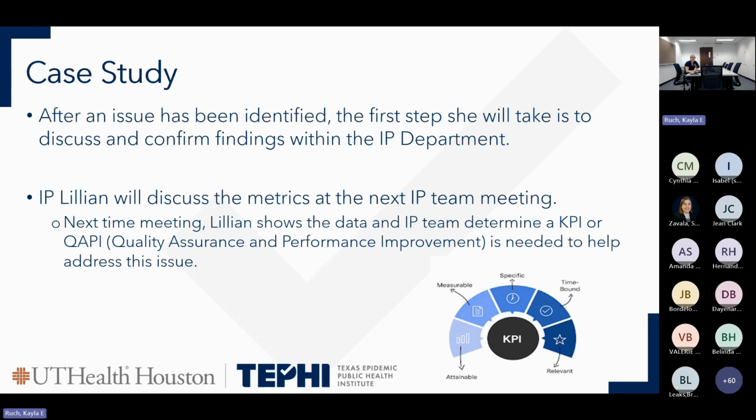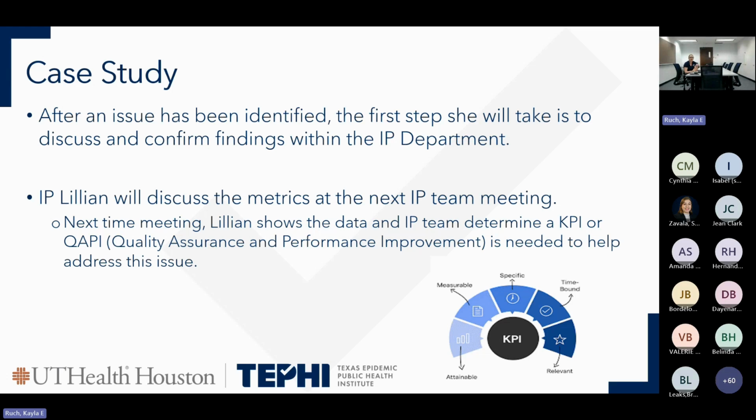So then next, after we have identified this is going to be an organizational wide project, IP Lillian discusses it with her specific department, and she wants to discuss what type of metrics should be used.